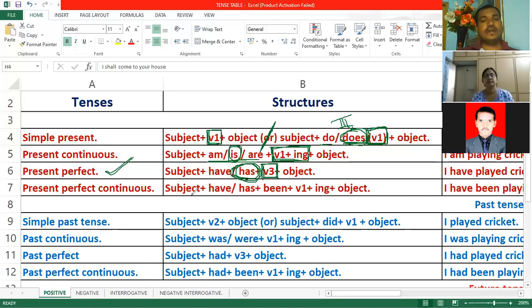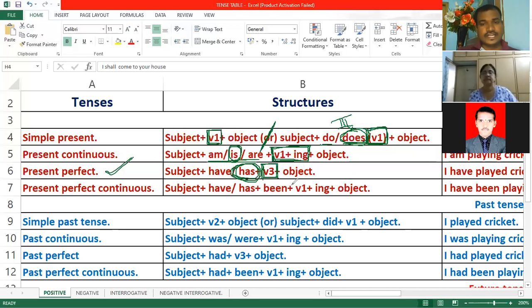Now, present perfect continuous. Subject plus have or has plus been plus V1 plus ing plus object. As I said in present continuous, V1 plus ing should be there in all continuous tenses.